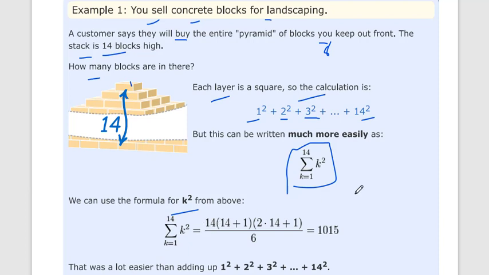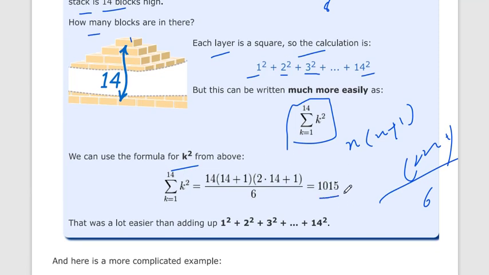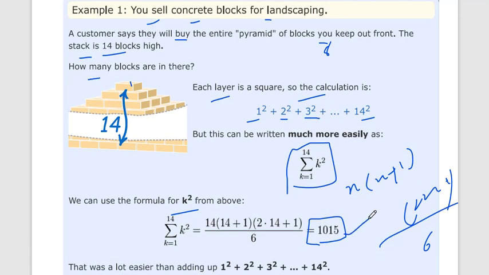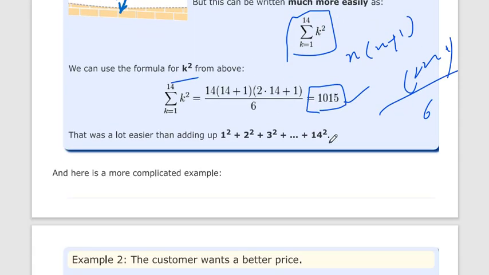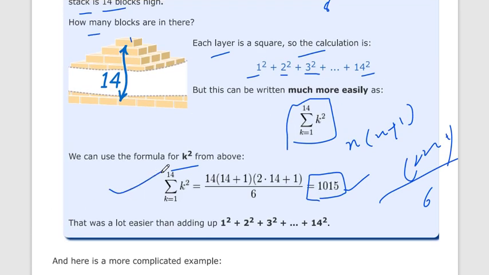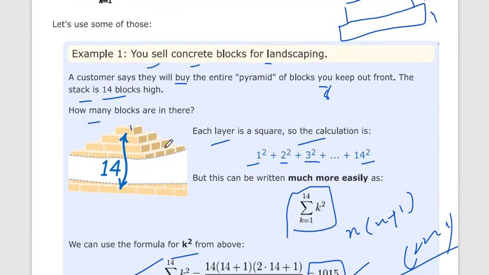So what is the formula? n(n plus 1)(2n plus 1) divided by 6. We only have to put n equal to 14. From the calculation we get the answer: there are 1015 concrete blocks. This is an easy formula for an easy example.